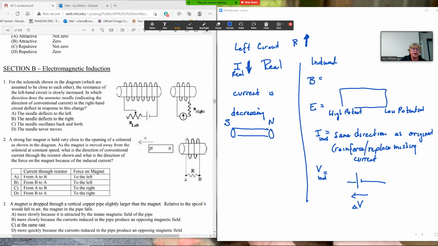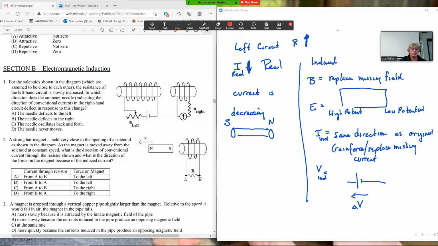And then the induced magnetic field will also be trying to help. So if we decrease the current, the magnetic field feels a change going down, so the magnetic field will replace the missing field. So in this case, on the new right-hand circuit, here's what we get.